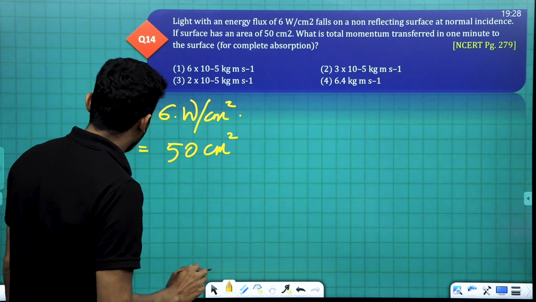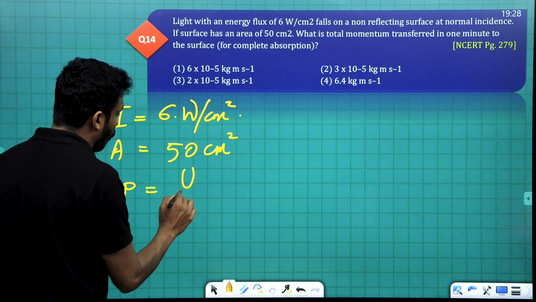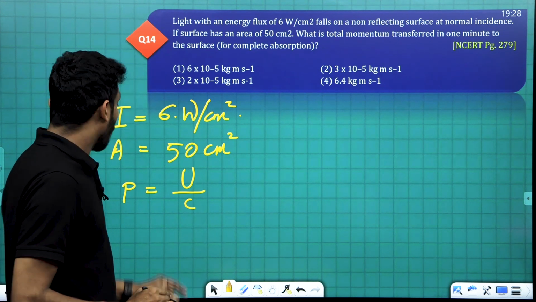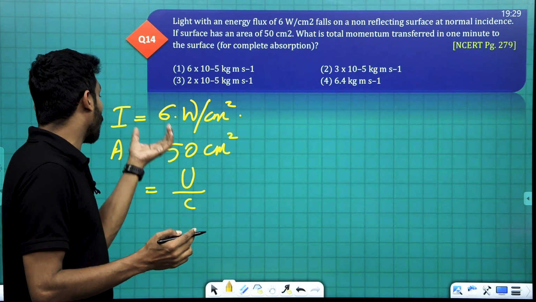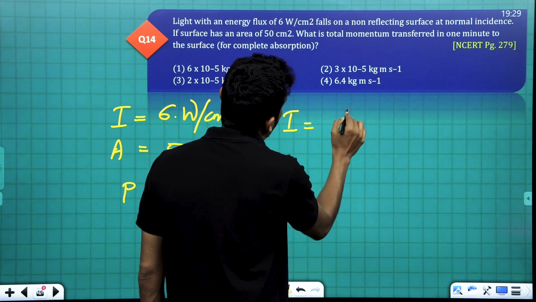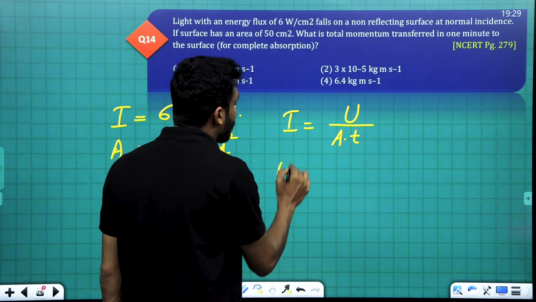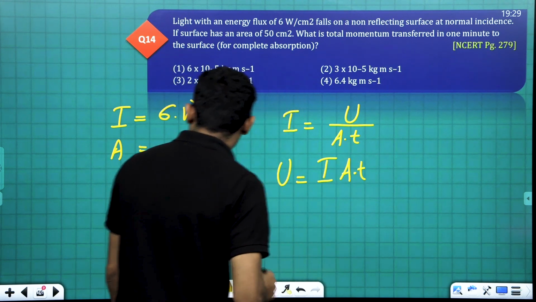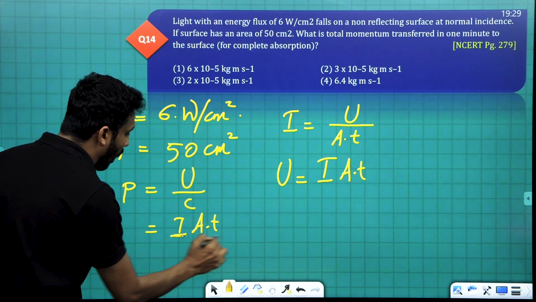The momentum transferred is P is equal to U by C. The C value is known, and U we can calculate from intensity: I is equal to U divided by area into time. So U is equal to I into area into time. Put here: intensity into area into time divided by C.